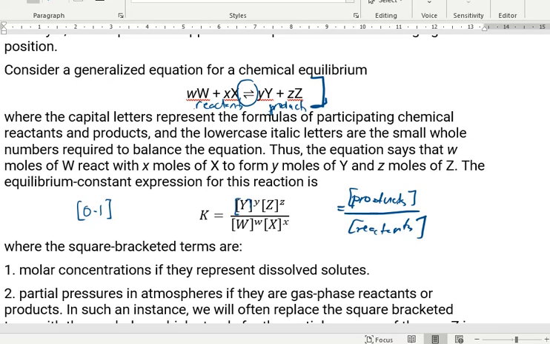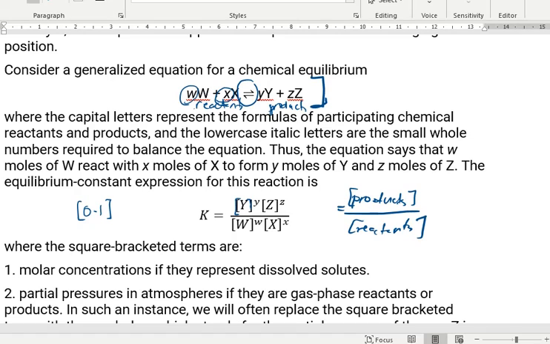Alright? Okay, so that's the concentration of Y in molarity, Z raised to the power of their stoichiometric coefficients in the balanced equation. Okay? All over the concentration of the reactants. Now, this could be molarity if the components are present as solutions, like aqueous solutions.